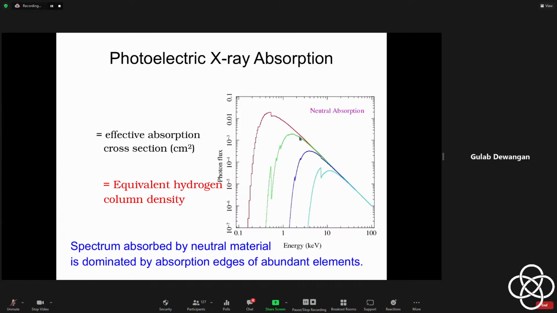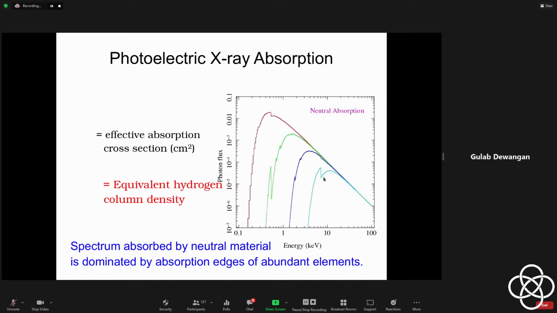So again, we have a power law component, and depending on the absorption column, if you introduce the lowest absorption column, then this power law cuts off here. If you increase the absorption column, which is the amount of absorbing material, then the power law starts cutting off at higher energy, and if you increase further, then this X-ray power law cuts off even at a higher energy.